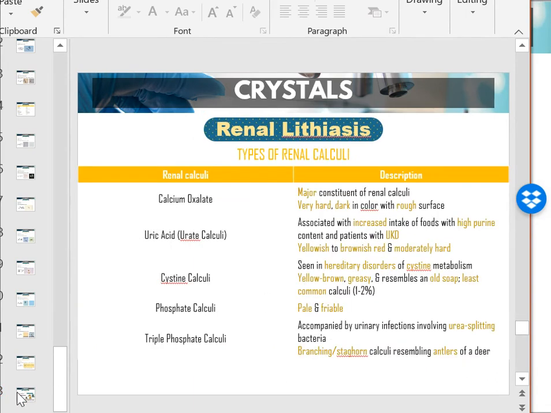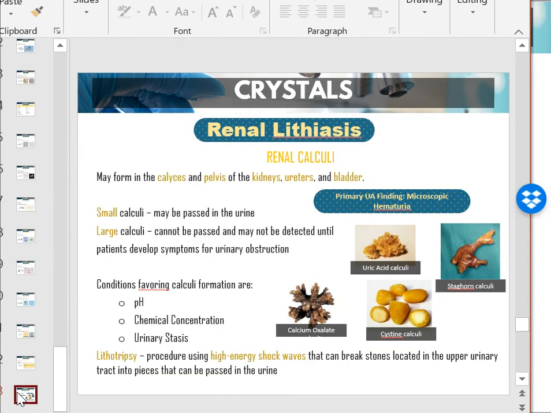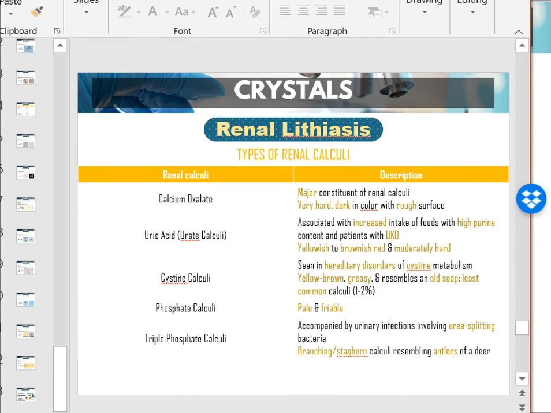And then uric acid, your urate calculi, associated with increased intake of foods high in purine. Yellowish to brownish red, moderately hard. This one is uric acid. Then cystine calculi are seen in hereditary disorders of cystine.